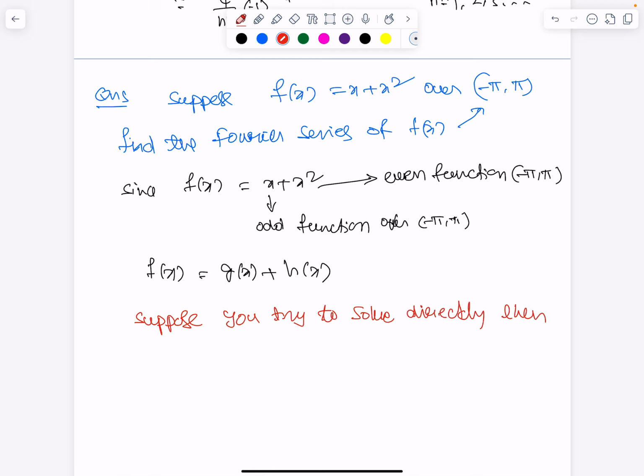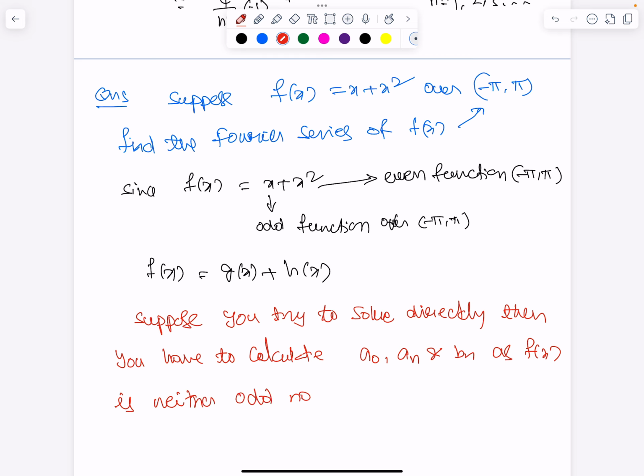Then you have to calculate a0, an and bn, as f of x is neither odd nor even over minus pi to pi.